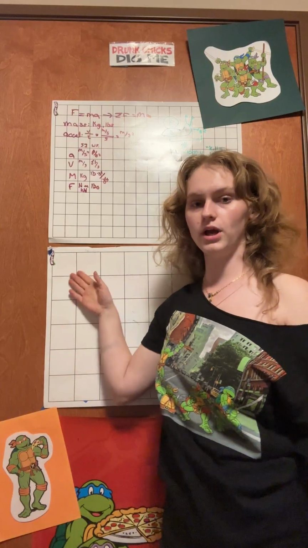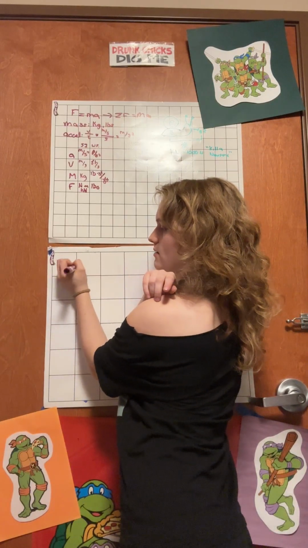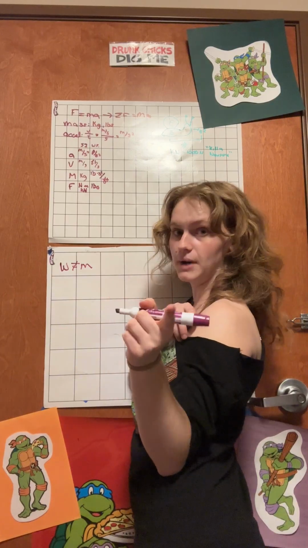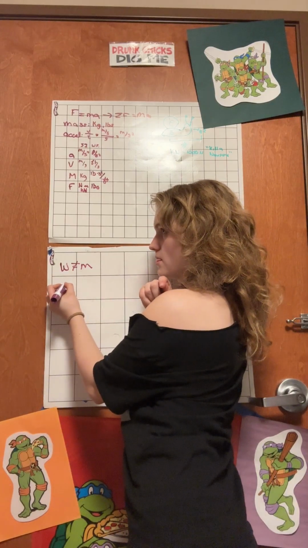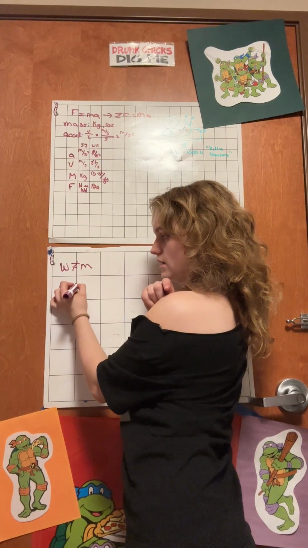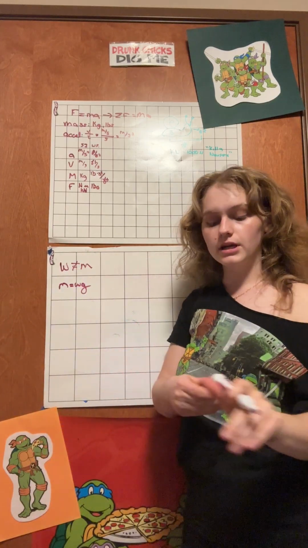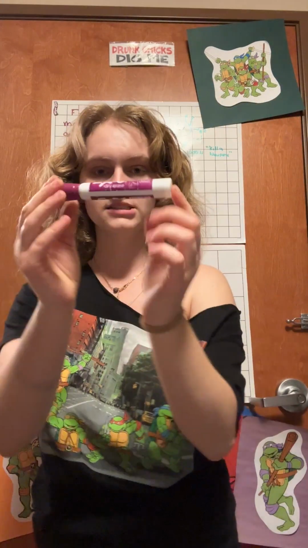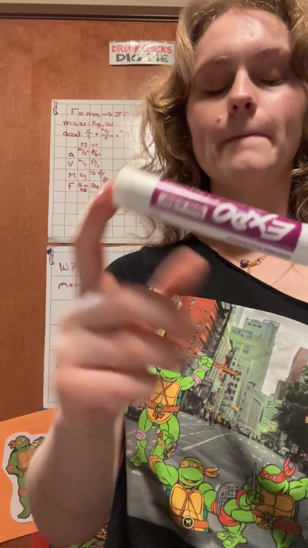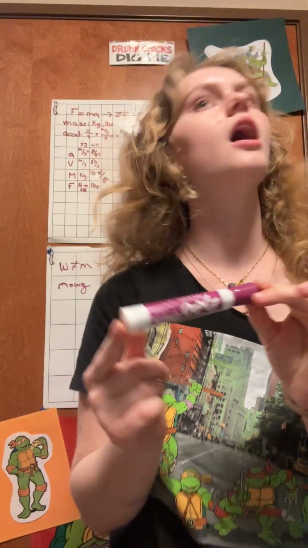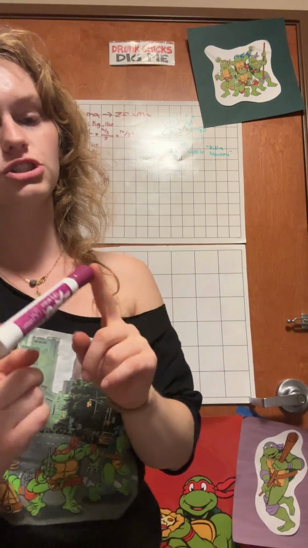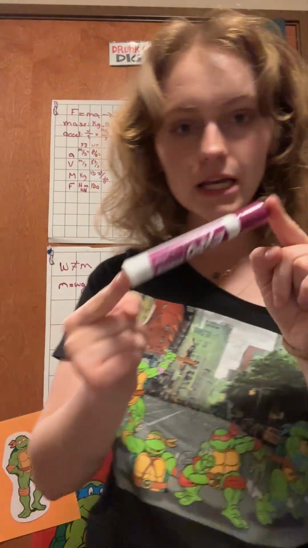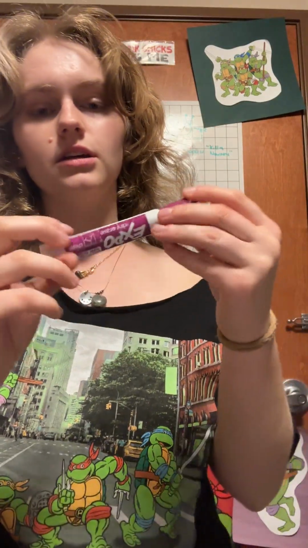Like I said earlier, weight does not equal mass. Weight is not mass. Do not get them mixed up. But weight is mass times the gravity. Because what mass is, you have something. The mass of this expo marker does not change anywhere. It doesn't change on Pluto or in space or on the moon, anywhere, because the mass of it, how much of the material is within a certain space, does not change.